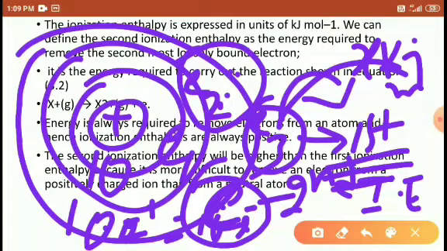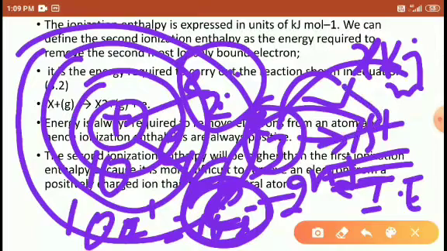It means the electrons move closer to the nucleus. When electrons move closer to the nucleus, students, the nuclear charge increases here. Increased nuclear charge means removal of the second electron requires a larger amount of energy than the first ionization enthalpy. Right, students?